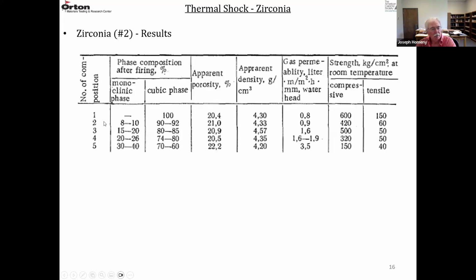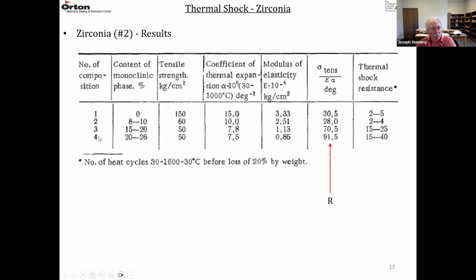So they looked at compositions over here, 1 through 4, for the thermal shock test. And this table is for heat cycles 30 to 1600 to 30 degrees C. And this is the monoclinic phase content from 0 to this range, 20 to 26%.